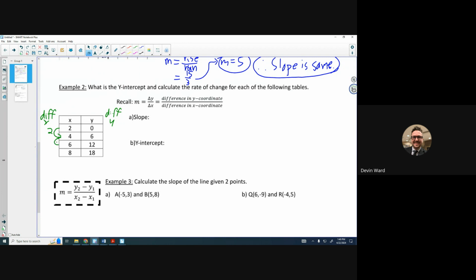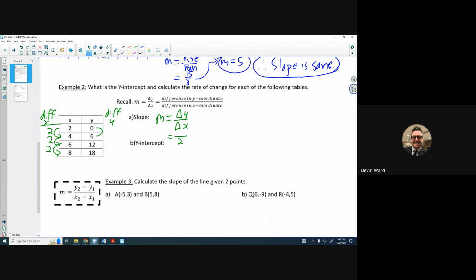In order to get from 4 to 6, I add 2. Get from 6 to 8, I add 2. So my difference in x, when I calculate the slope, delta y over delta x, the difference in that x is going to be 2, because it goes up 2 each time.